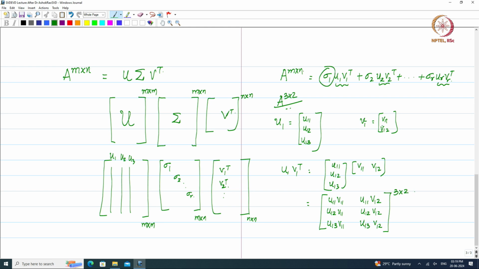And these singular values that you see also correspond to the scalars that we had in the previous case. If you look at the rank of this matrix, this is a rank 1 matrix.